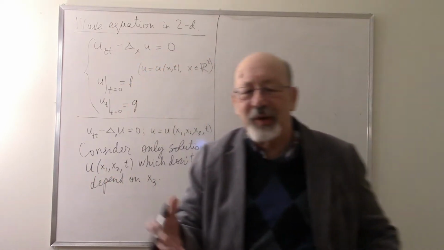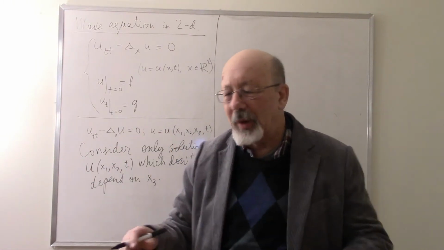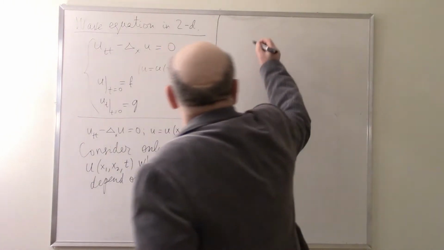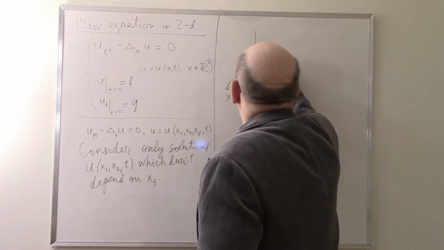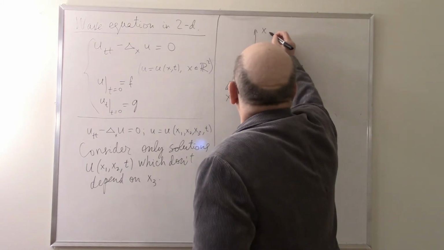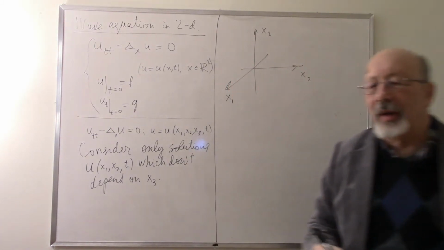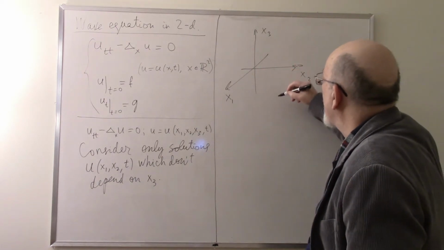So these solutions are in 3 dimensions, but they depend only on x1, x2. So these solutions look like this. So it is x1, x2, x3. The solution at every t depends on x1, x2, and x3.